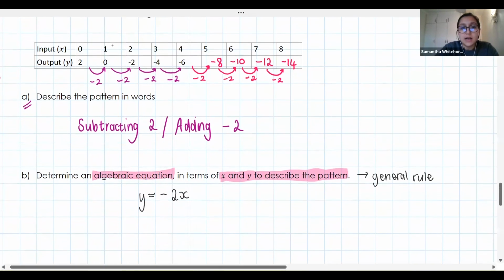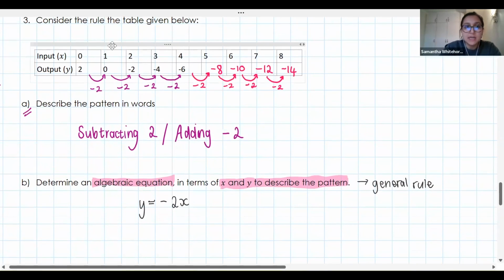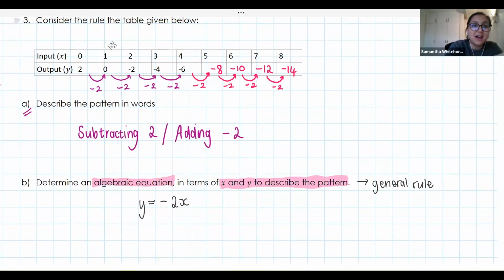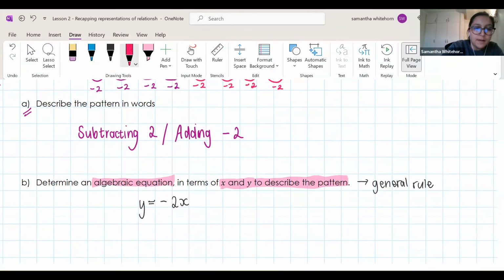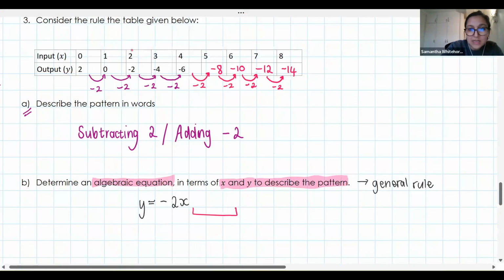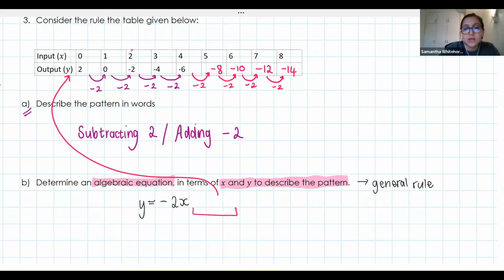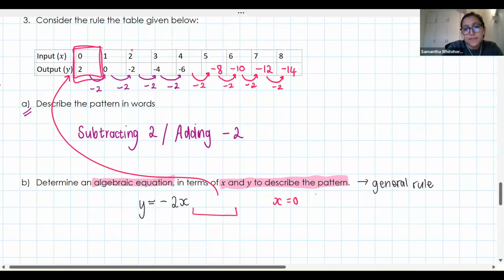We now need to decide if we need to add or subtract anything in order to actually get the output that I want. So remember, I need to figure out if there's anything else I still need so that my y values correspond with what is in my table. So for the first column over here, where we've got an input of 0 and an output of 2, we know that we want 2.